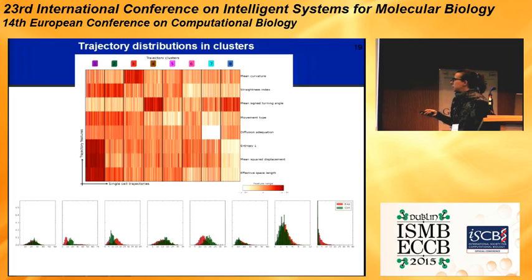This is what can be seen here. For each cluster, we have the distribution of trajectory percentage comparing control videos and experiments. What we could see was that when the cells are exposed to a small interfering RNA, it doesn't create new motility behavior, but rather the cells are redistributed among the different possibilities.